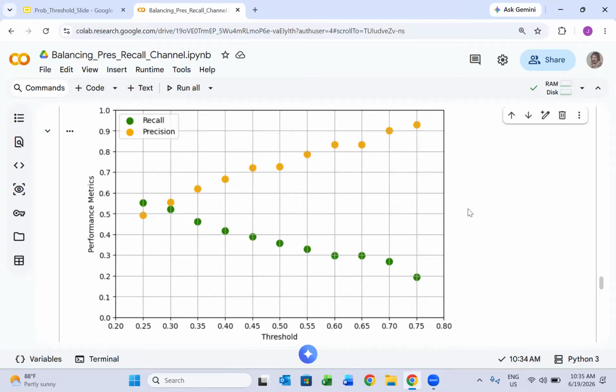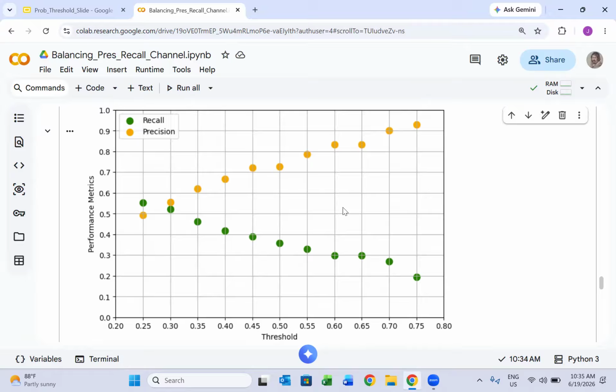So that's the trade-off, guys. If we move the threshold in one direction, we see two different behaviors in terms of precision and recall. One improves, but the other one worsens. One idea to navigate the trade-off is to use the arithmetic mean between precision and recall to choose a good threshold.